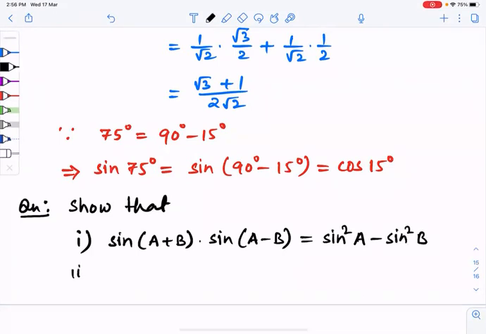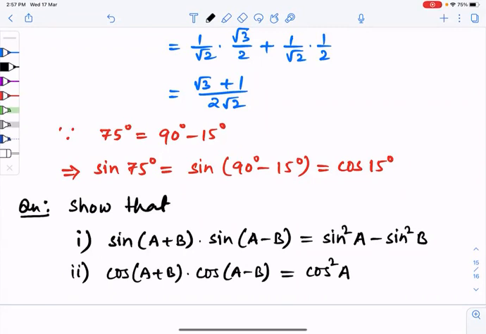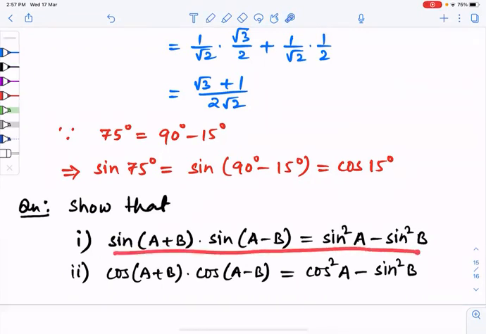And another one, cos(A+B) into cos(A−B) is equal to cos²A − sin²B. Okay, these are the two questions, or you can remember them as results also.